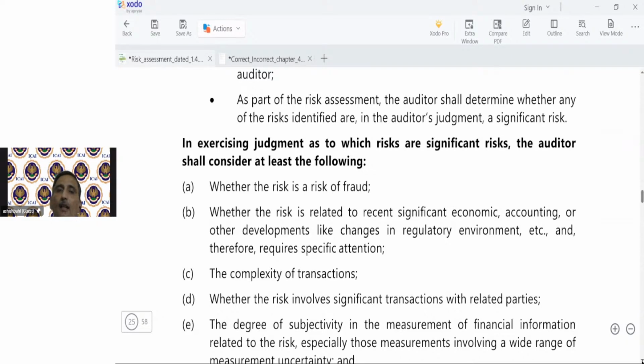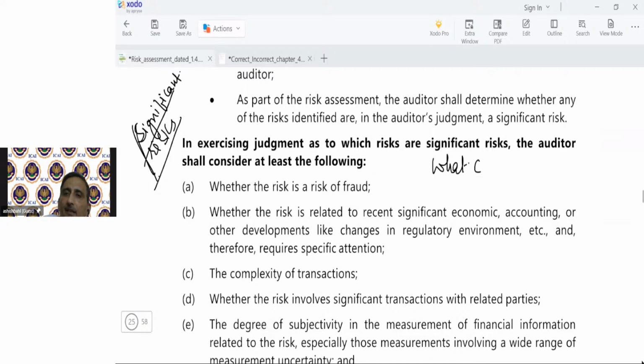So guys, this topic is also very important from examination point of view. Significant risks. Now what constitutes a significant risk? So we are saying significant risk. The auditor has to look into significant risk. What constitutes a significant risk?